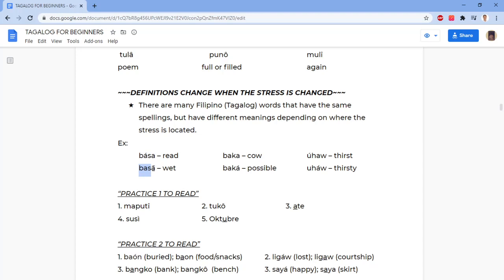Basa, basa, basa, basa. I will read it a little faster. Baka, baka. Uhaw, uhaw. That is what we call homonyms: the same spelling but different meanings.